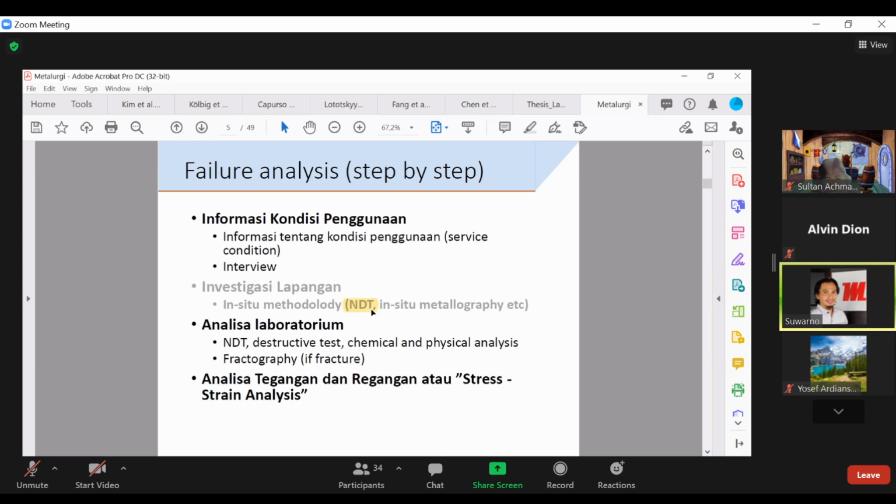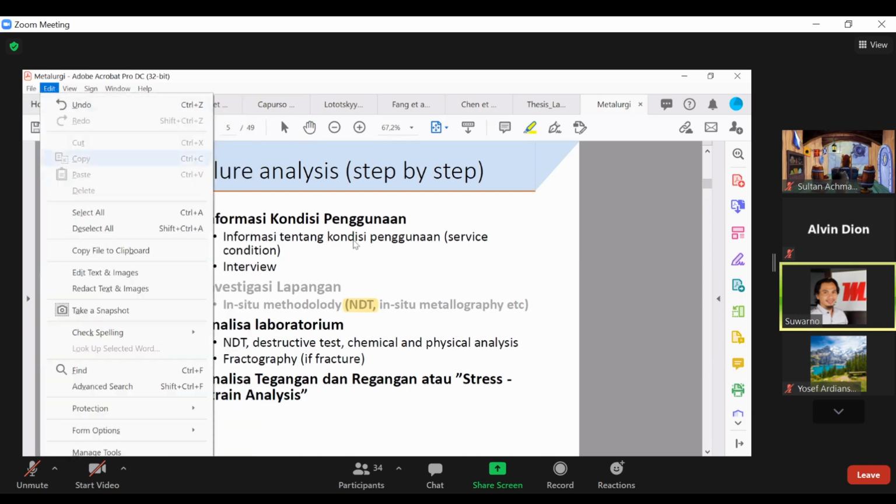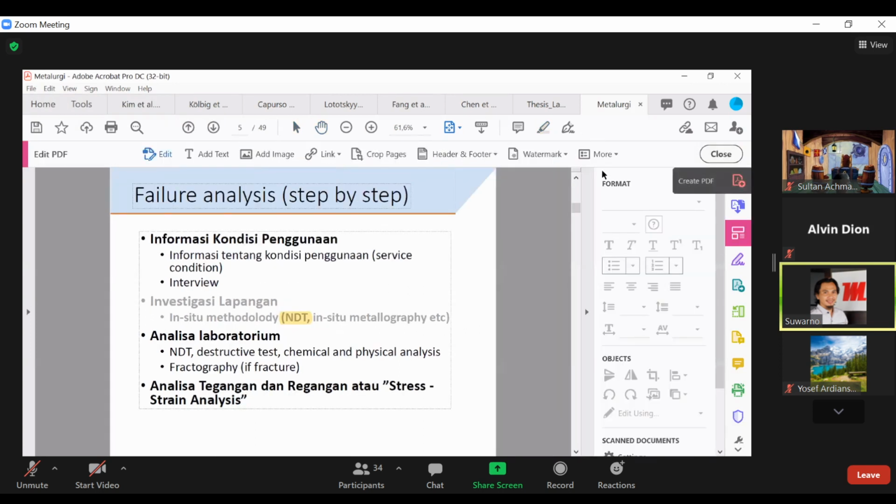Non-destructive testing is basically a part of failure investigation. You need this to do the failure investigation, and of course you need non-destructive testing to do failure analysis.